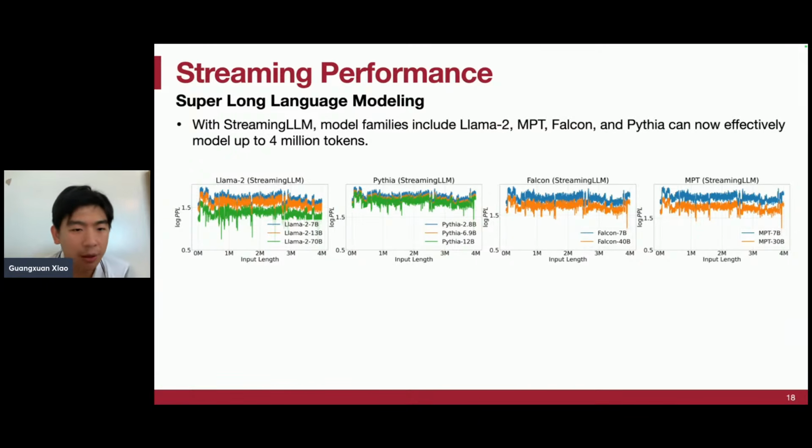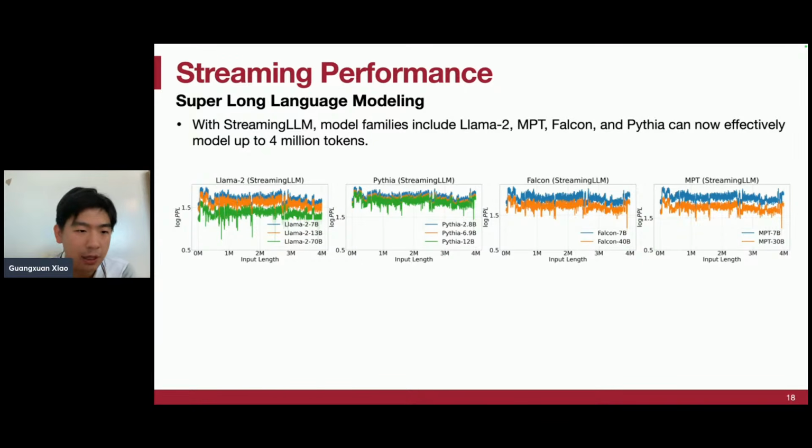So we have very stable performance, and the perplexity is close to the sliding window with recomputation baseline. And we scale up our experiments to super long language modeling and more models. We scale up to Llama 2 7B, 13B, and 70B models, and more model families, including Pythia, Falcon, and MPT. MPT here uses ALiBi position encoding, and Llama 2, Pythia, and Falcon use rotary position embedding.